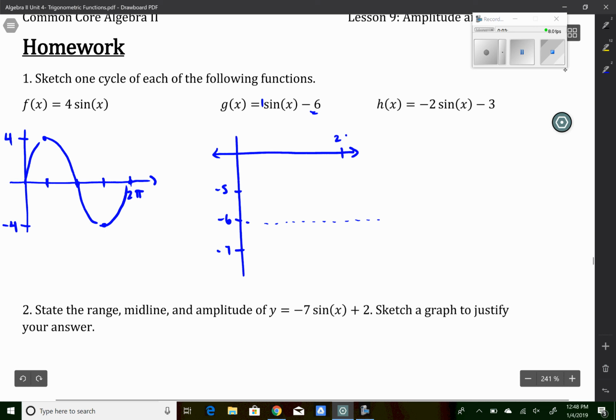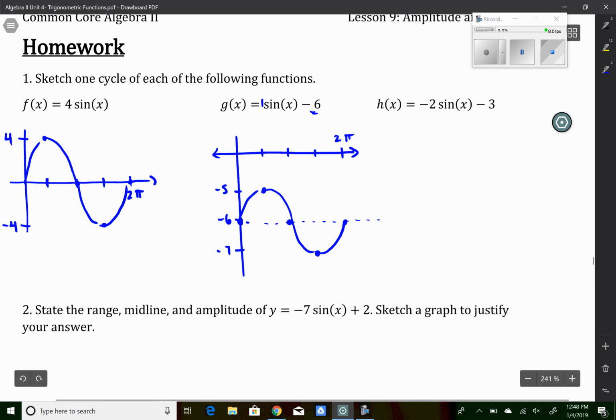Again, just like before, I'm going to put in my 2 pi, cut it in half, and then cut it in quarters. Since it's sine, it's going to start at the midline. After a quarter turn, it's going to go up, then back down after a half turn, and then back up. So it's going to be a hill and a valley. You'll hear me say that a lot in this chapter. Sine curves are hills and valleys.